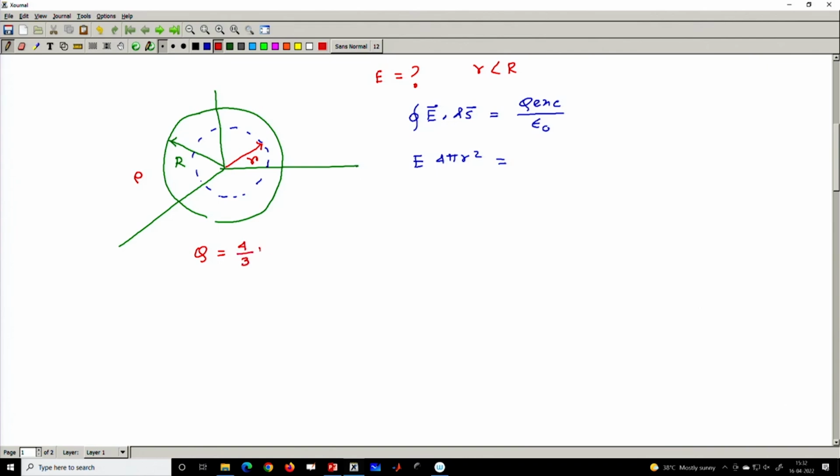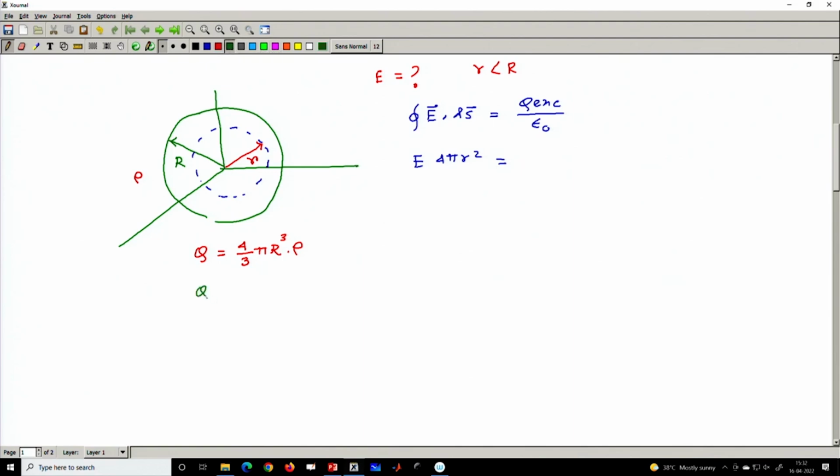The relationship between q and rho should be this. So rho is given, so in terms of rho I can have the value here. So what should be the charge enclosed then?